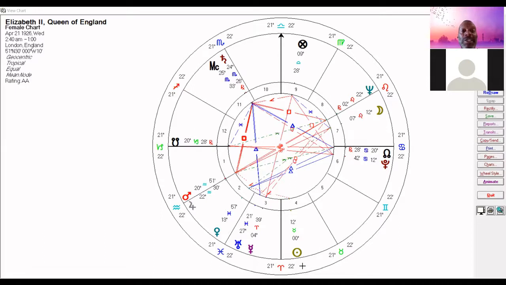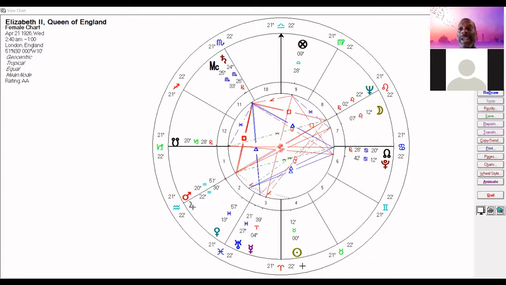They're the same thing, Crystal. The chart ruler and the first house ruler are the same planet. Sorry, that's where I made a mistake: I didn't make it clear that the ruler of the first house, or the ascendant ruler, and the chart ruler are all the same thing. Chart ruler, first house ruler, ascendant ruler, they're all the same.